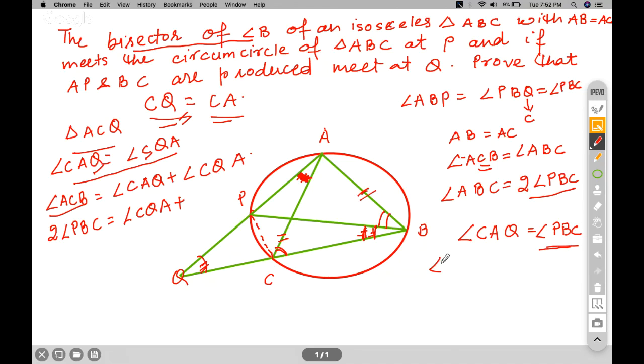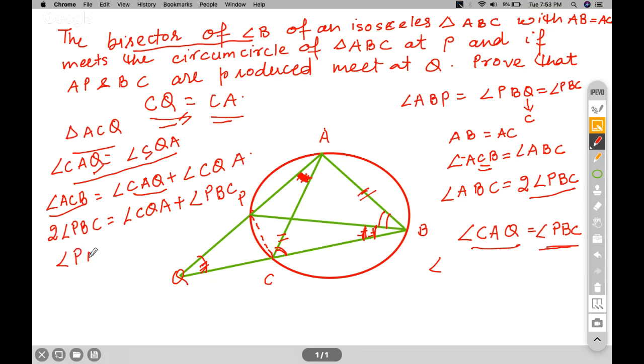Hence, angle CAP or CAQ will be equal to angle PBC, and that is why I am replacing angle CAQ with angle PBC, because they are formed on the same chord.